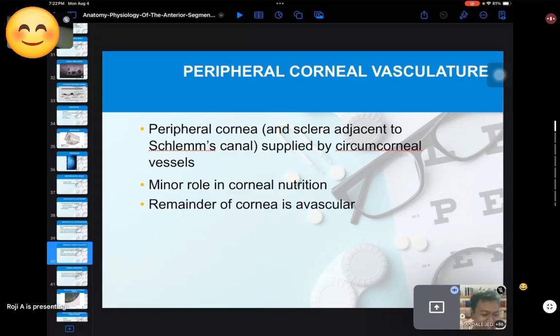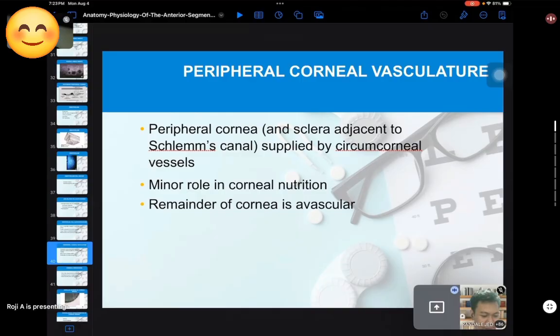Simply put, once you have neovascularization, there will be opacity. Meaning to say, that's why the blood vessels are not located on the cornea, but instead around it. Circumcorneal, from the word, is surrounding, right?